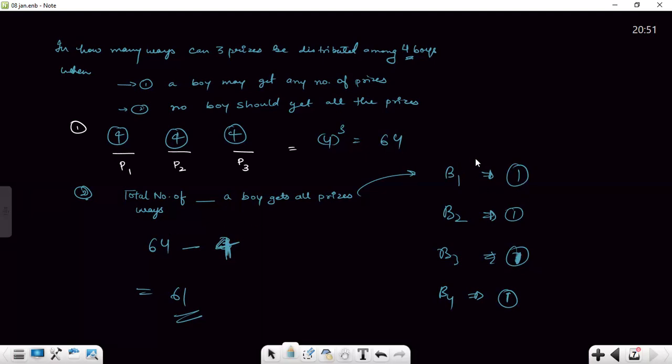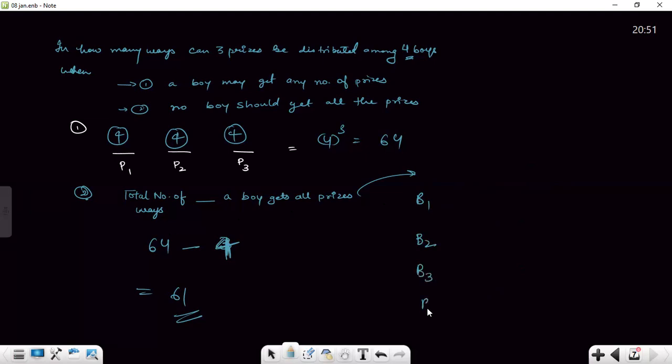In one way, boy 1 gets all three prizes, and boys 2, 3 and 4 get nothing. Let me represent this correctly: B1, B2, B3, B4, and here we write the number of prizes.